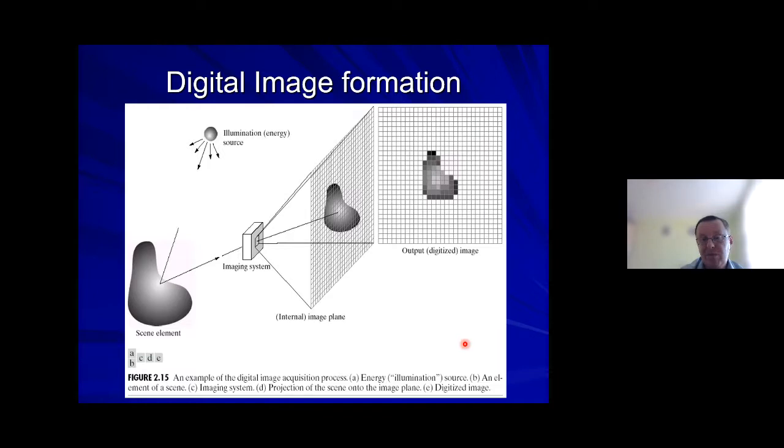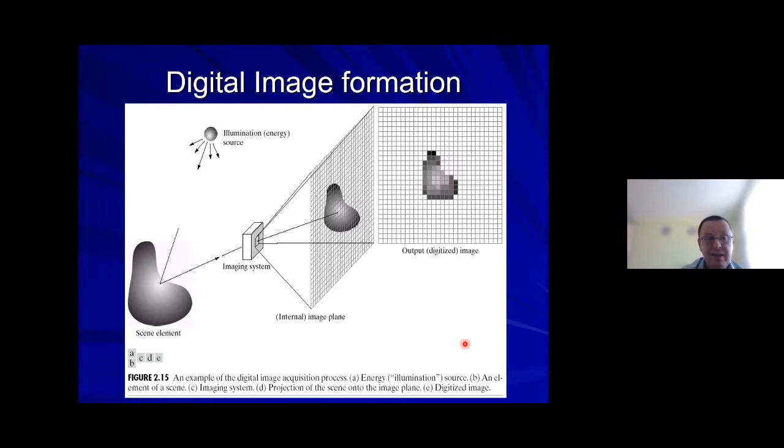To create a digital image, each sensor element is responsible for registering a single picture element and converting the information about that single picture element into digital representation.